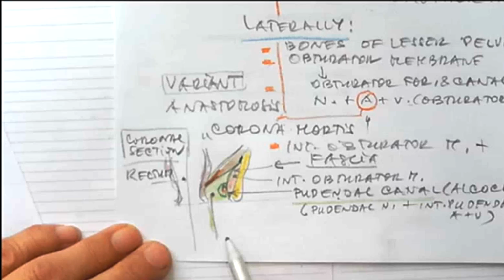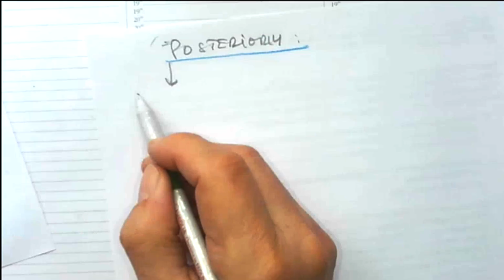This is a continuation, continuous with the retroperitoneal space. Finished. And what we see dorsally, posteriorly, is not complicated. First of all, there must be the sacrum plus the coccyx, plus the ligaments.